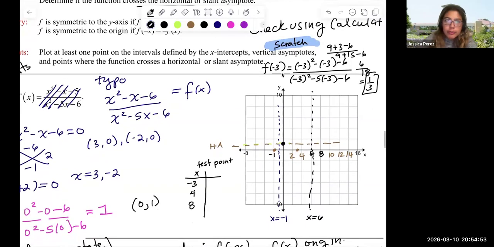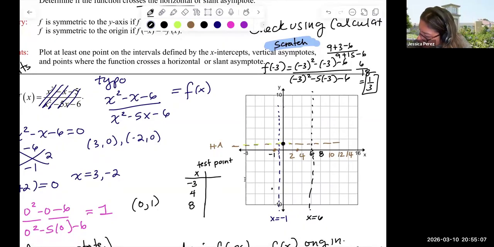So at x equal -3, I'm going to be above, right up top. So if it's coming from negative infinity, it's going to pass -1, and then it's going to reach your horizontal asymptote right there. Now, what happens when I'm at 4?